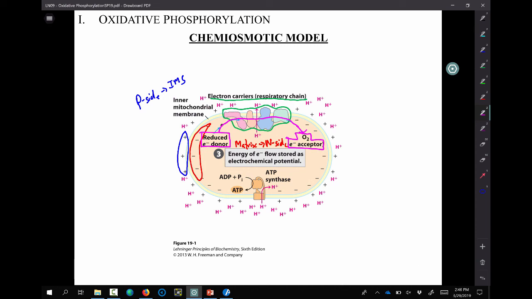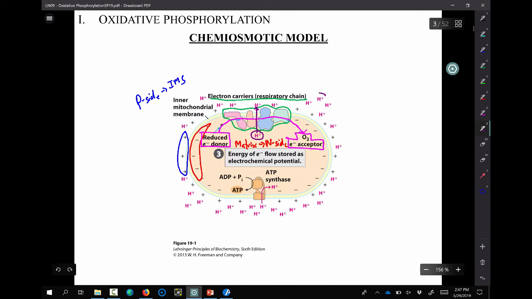That's very exergonic. We'll look at numbers, though I don't think we'll get to them today. That energy is used to transport protons out of the inside into the P side. It establishes and maintains the proton gradient.